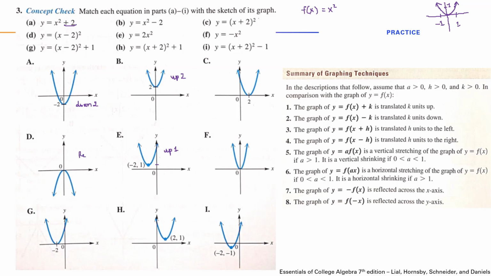This one is reflected. This one up 1. This one down 1. Okay, so the only up 2 is B. So A with B.